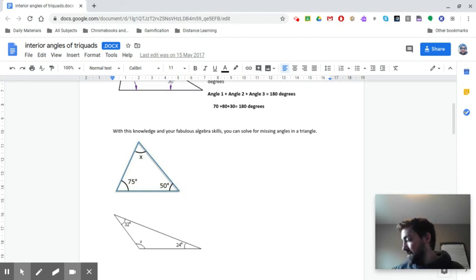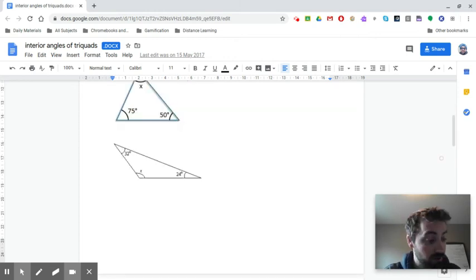The same can be said for this one here. What we have to do is add up all these numbers to try and get 180 degrees. 32 degrees plus 24 degrees gives us 56 degrees.